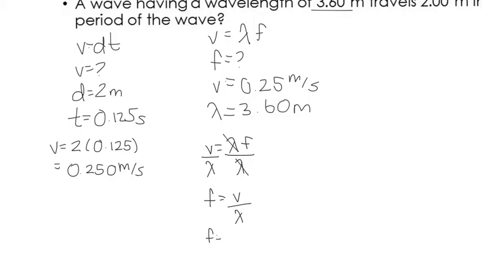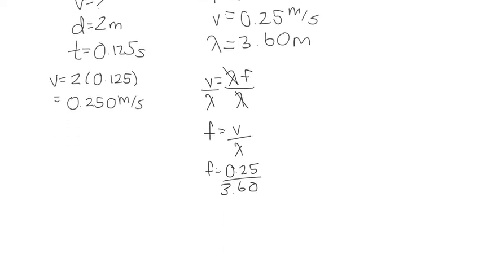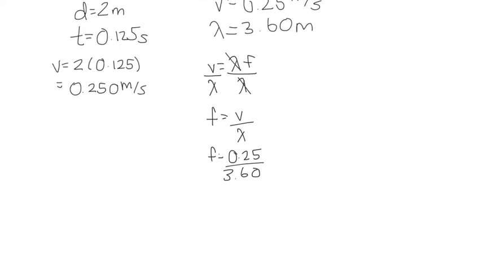So F equals 0.25 over 3.60. Okay, and when I sub that into my calculator to solve, I get 0.069. Remember, frequency is in hertz.